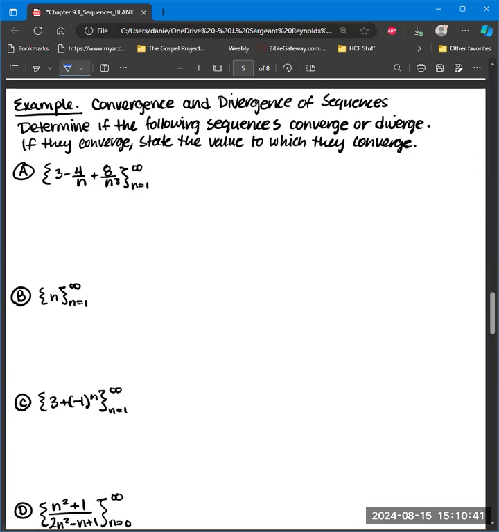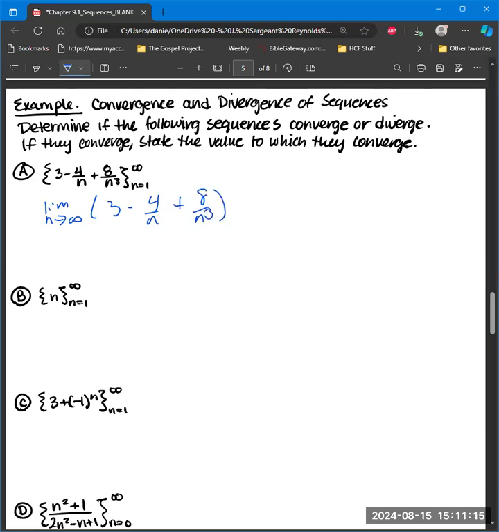So let's talk about convergence and divergence of sequences, and determine if the following sequences converge or diverge, and if they converge, state the value to which they converge. So let's go ahead and talk about how we did this in the past. Limit as n goes to infinity of 3 minus 4 over n plus 8 over n cubed.